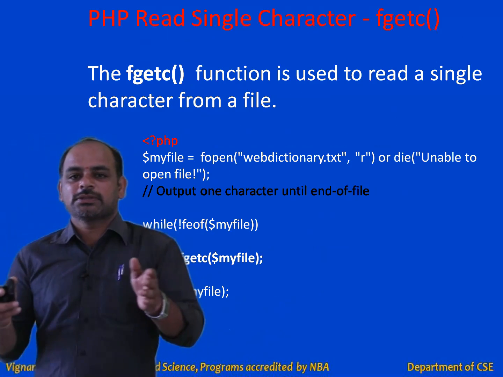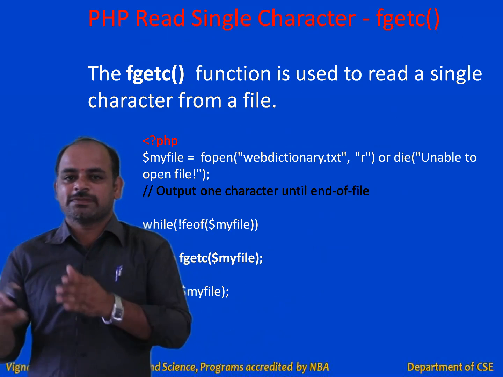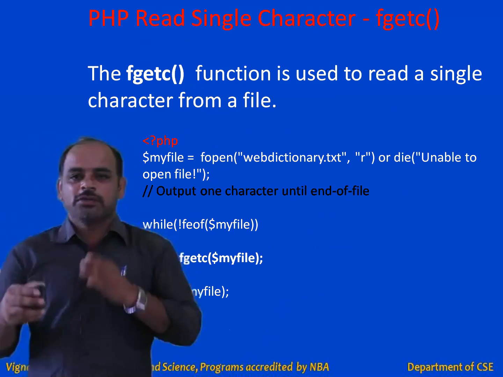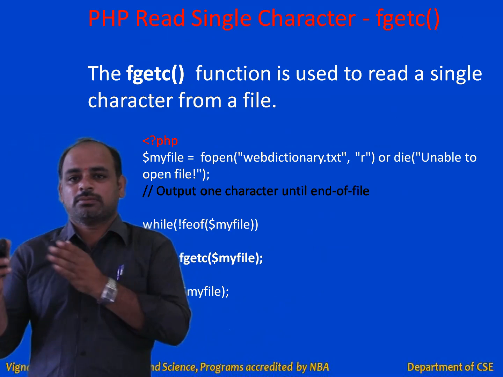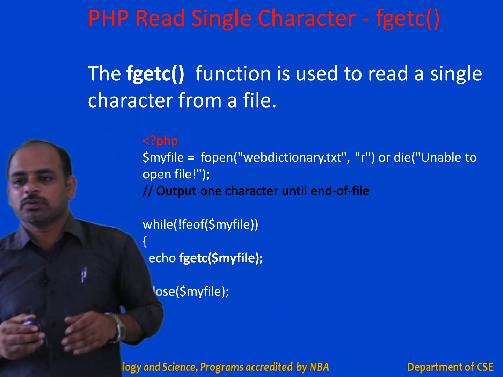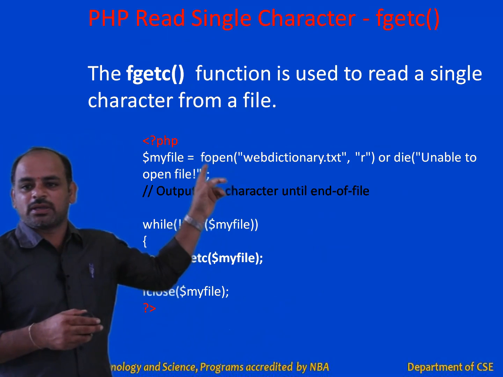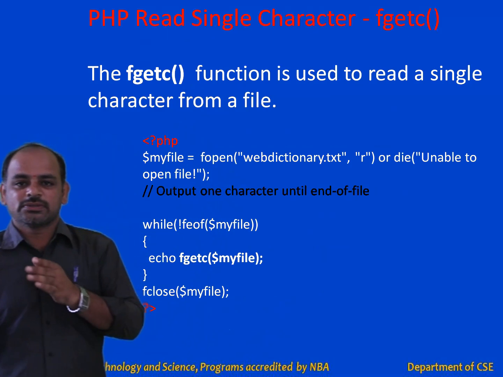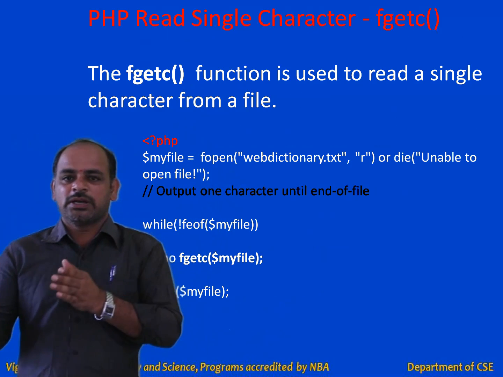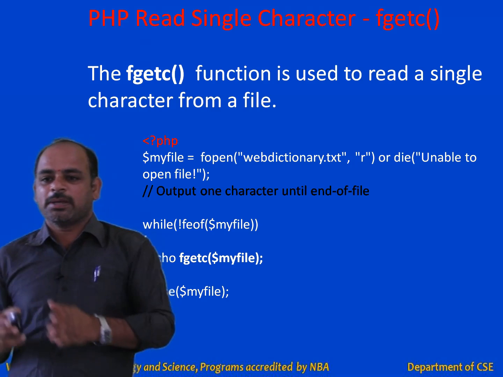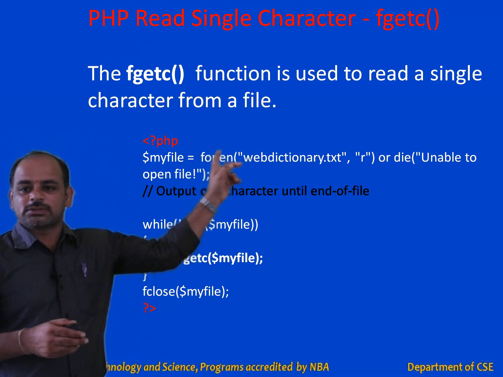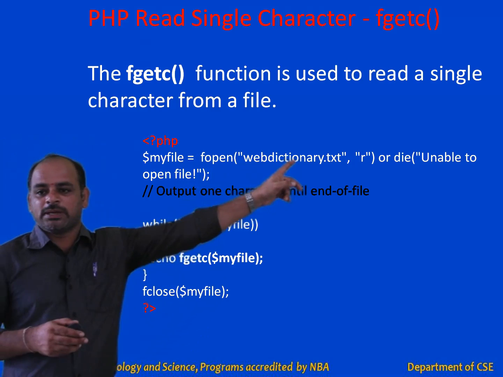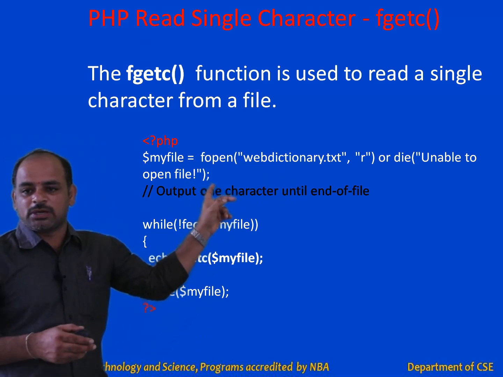Similarly, previously we have seen the fgets function, which reads one line at a time. If you want to read a file character by character, then we have to use the fgetc function. The fgetc function is used to read the file content character by character. First, the same procedure, open the file in read mode, similar to the previous one.